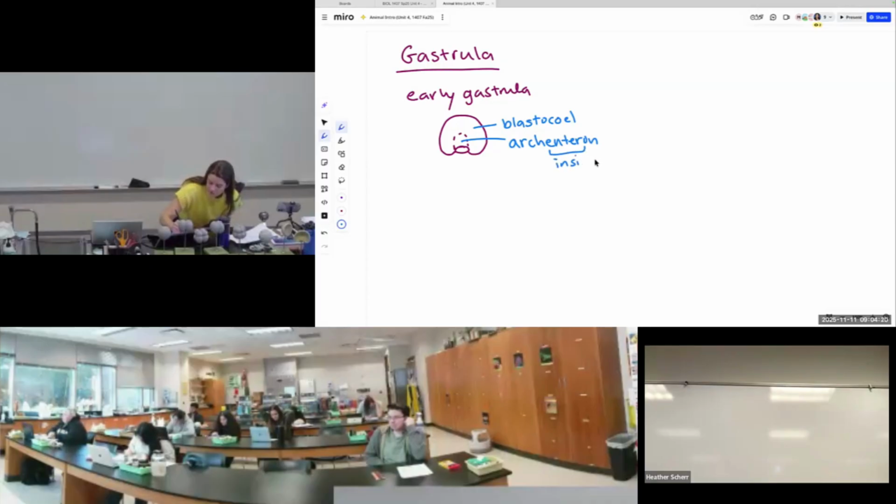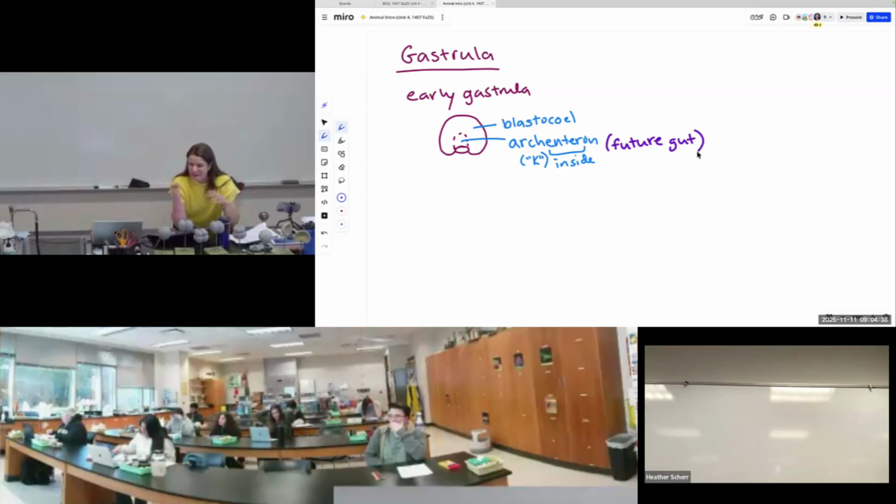Enteron is inside, said with a K sound, which is going to be your future gut. Like I said, gut is actually a technical term.